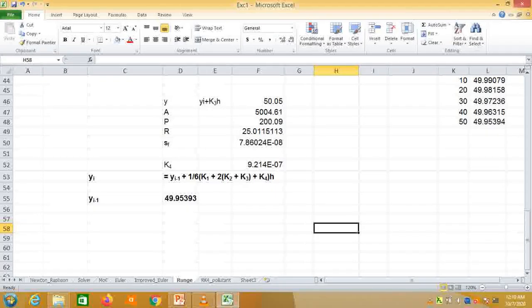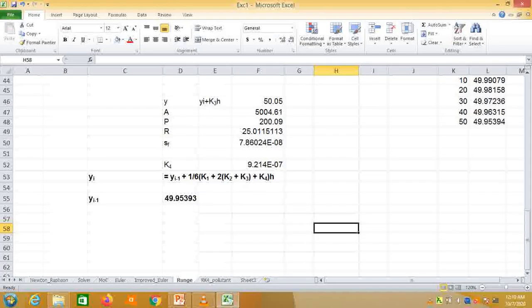But mind you, this equation is meant to find out, given initial estimate of Yi minus 1, we are going to obtain Yi. But in our case, Yi is known already. It's going to be 50 meters. And we want to find Yi minus 1.